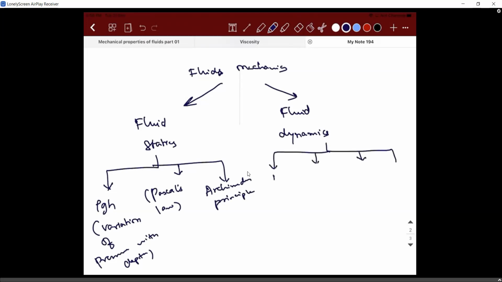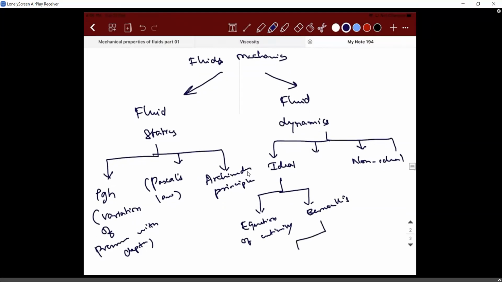In fluid dynamics also, you can talk about ideal and non-ideal fluids. When I spoke about ideal fluids, there are two important equations that we saw. What are they? One is the equation of continuity and Bernoulli's principle.